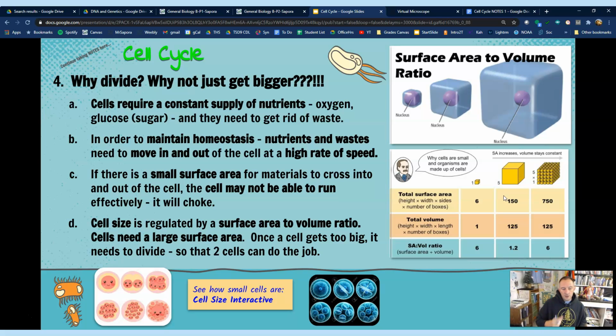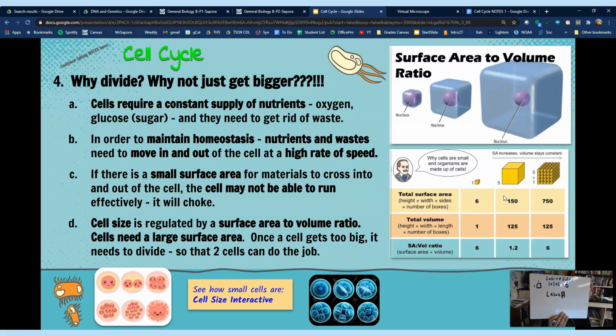Now, the volume is calculated as something different. So what's the volume of this? And by volume, I mean how much can we fit inside of it, right? If we're doing centimeters here, we could do cubic centimeters for volume. How many little centimeter by centimeter by centimeter cubes could you fit into that thing? So the volume calculation is length times width times height on this one.